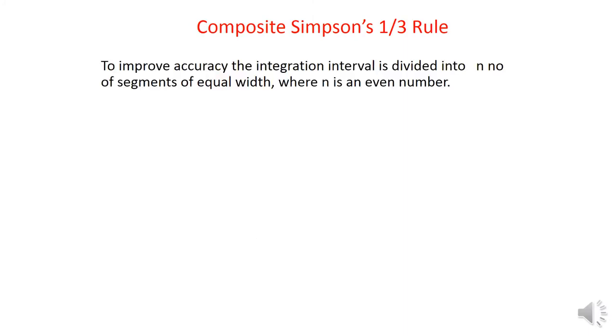And for the composite, to have a general formula, we can write down, to improve accuracy of the integration, the interval is divided into n number of segments of equal width, where n is an even number. So what we do, h is equal to (b minus a) upon n.